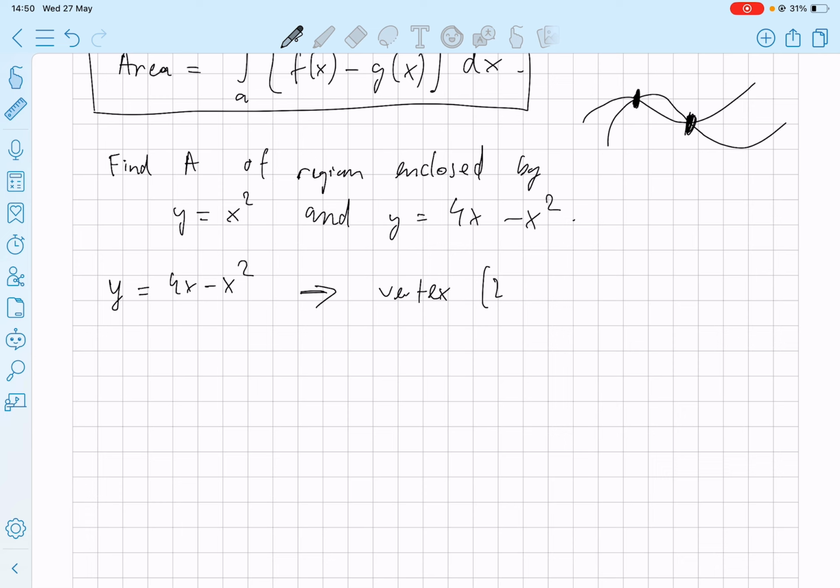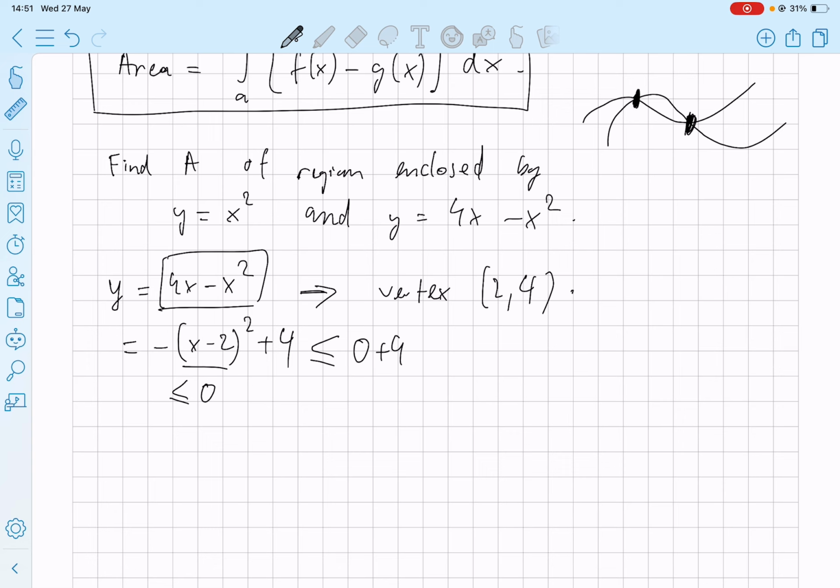So the vertex is (2, 4), because this also equals negative (x minus 2) squared plus 4, and something squared is always greater than or equal to 0, but this is the negative of a square, so it has to be smaller than or equal to 0.